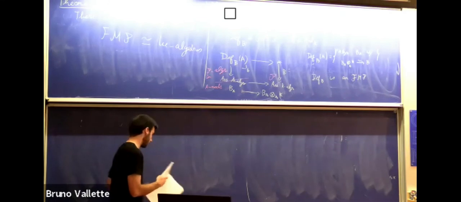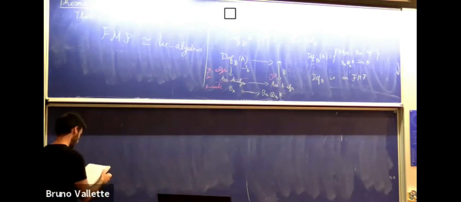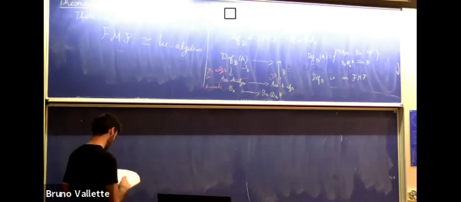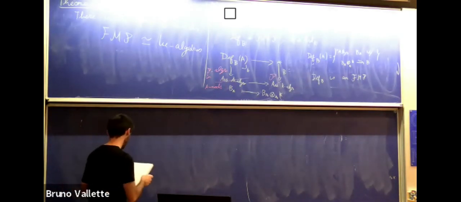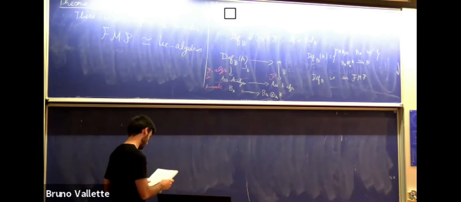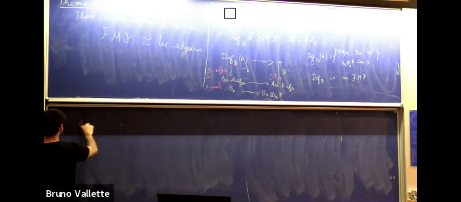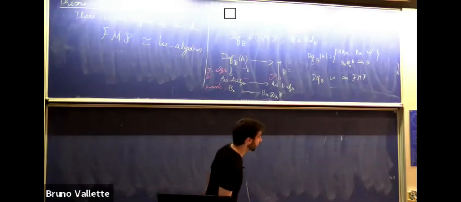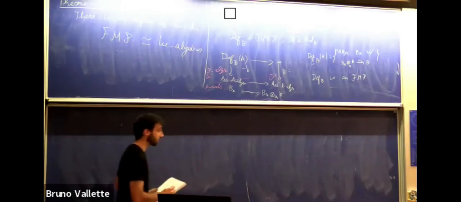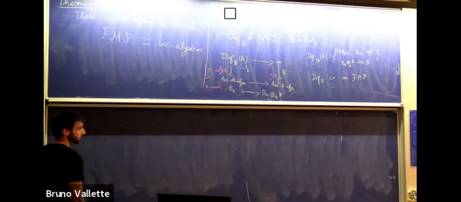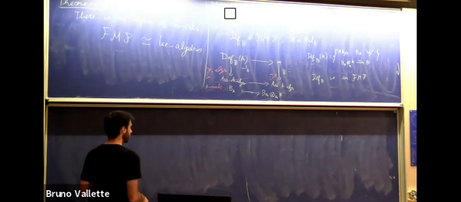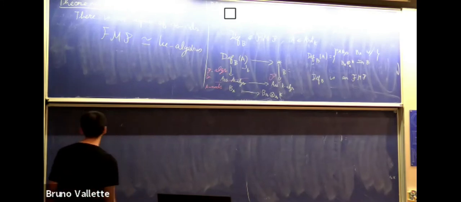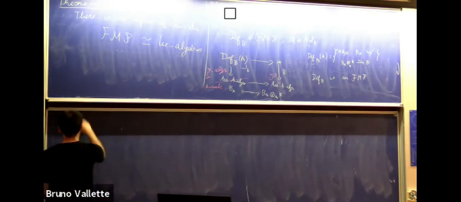Okay, so, right. How does this equivalence actually work? Maybe I will not explain why that's an equivalence, but I can at least show what the functor looks like, at least how to compute the functor on some object.